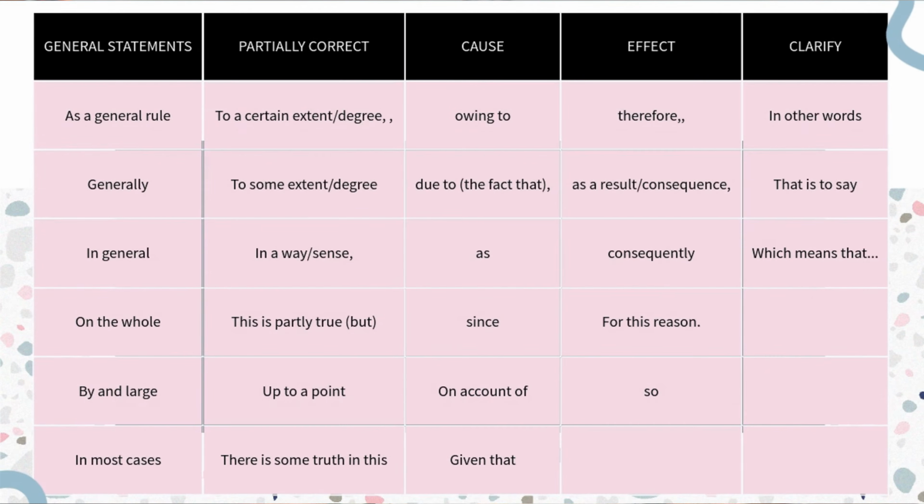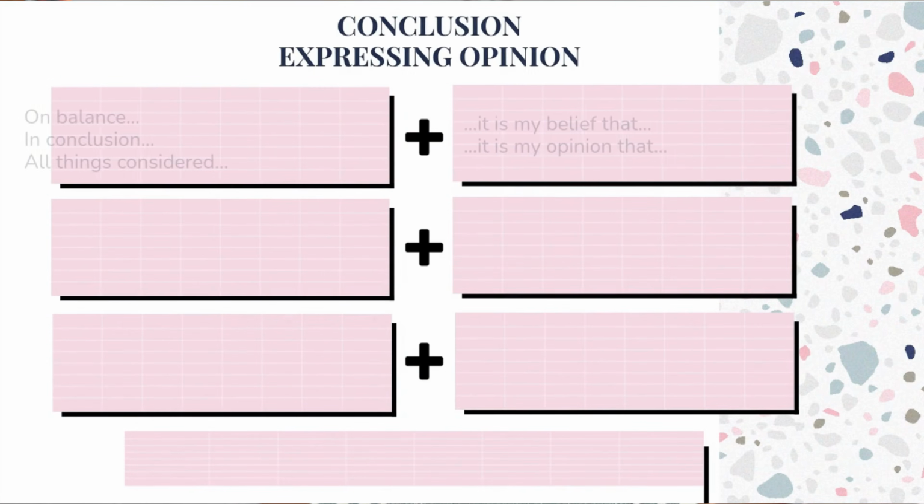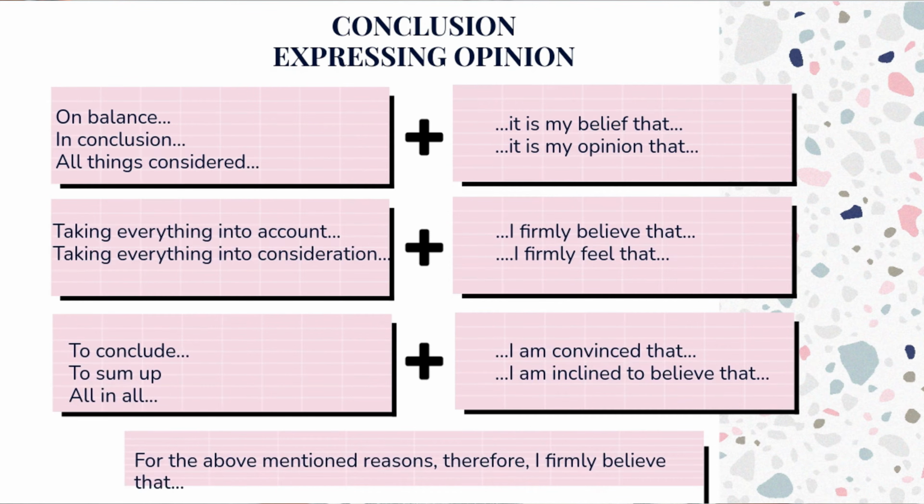So now that we have seen some connectors to use throughout the essay, let me show you some connectors that you can use in the final conclusion paragraph. So for instance, you can use some connectors on the left combined with some expressions on the right. For example, you can say, well, on balance, it is my belief that blah, blah, blah.